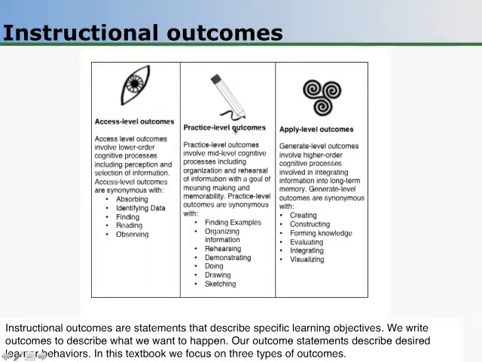Practice level outcomes are simply places in your instruction where you allow the learner a chance to rehearse and to think about what they've just had access to. Apply level outcomes are involved in integrating information into long-term memory. And they're also called creating, constructing, forming knowledge, evaluating, integrating, and visualizing.